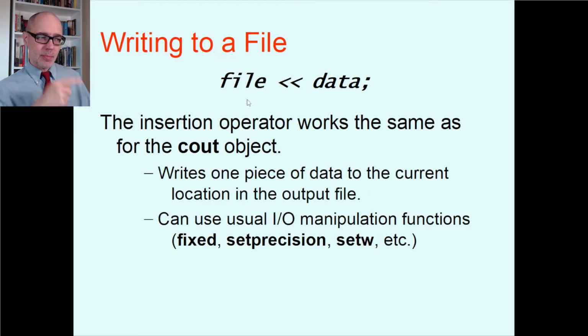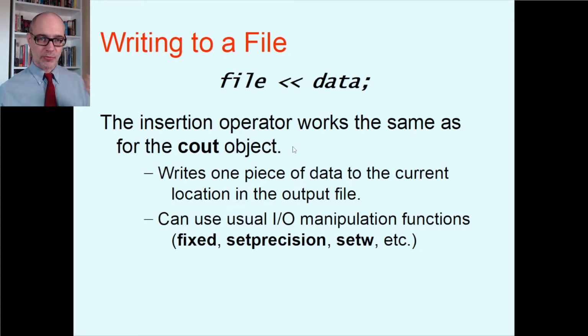So you're going to name the file, and then you have that left arrow, as I call it a lot, the left angle brackets, or lesser, I guess you could think of it like that. And on the right-hand side, you've got some kind of data, which could be a string literal, or a number, or a variable, or the result of a calculation, or something like that. And that's the exact same insertion operator that we've always been using with cout.